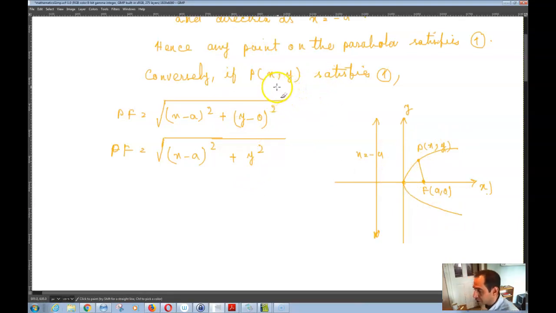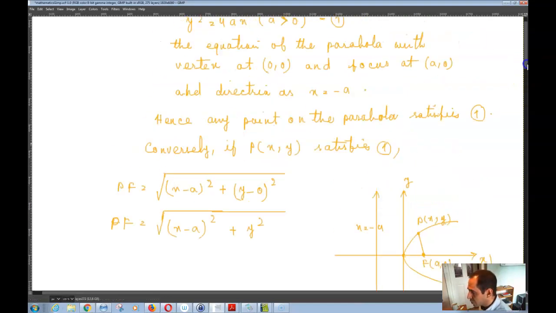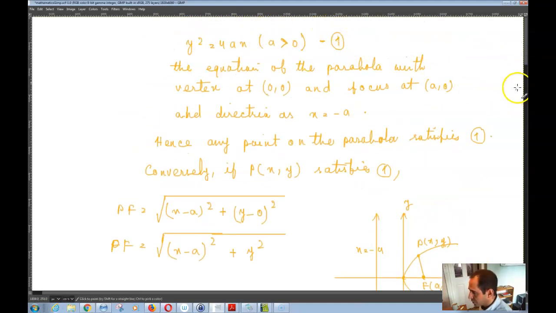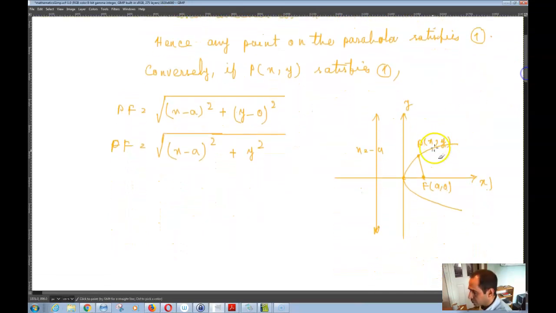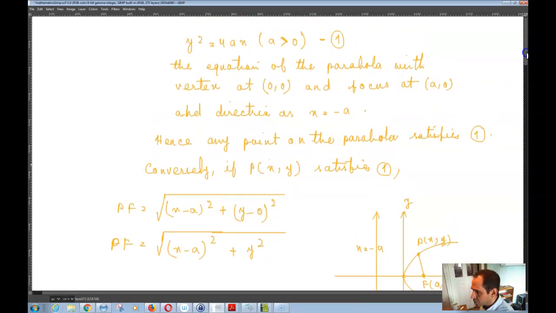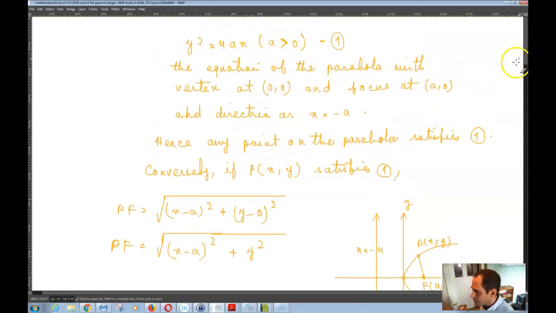So now what I can say is that if P (x, y) satisfies this equation number 1, then I can simply calculate PF over here, which is the square root of x minus a whole squared plus y squared, and over here y squared is equal to 4ax.